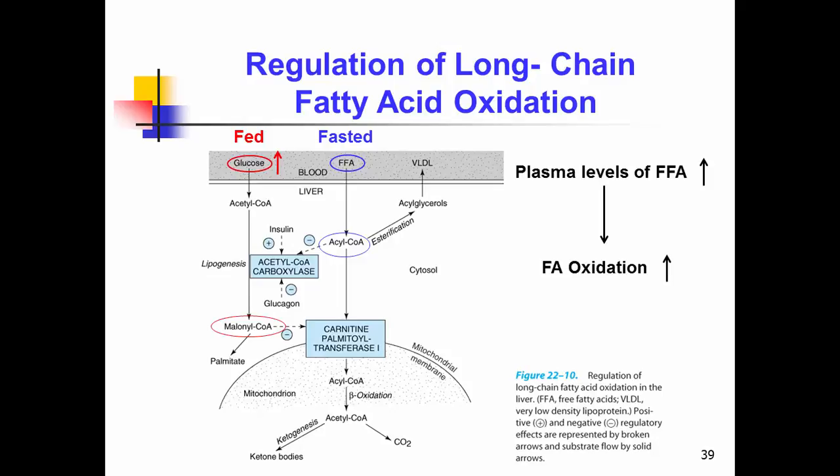We don't need to utilize fatty acids because we have enough carbohydrate. So acetyl-CoA in the fed condition is mostly from glucose oxidation, and this acetyl-CoA will be used for lipogenesis, particularly under a high carbohydrate diet. So lipogenesis will be stimulated.